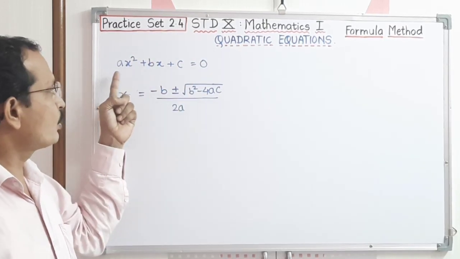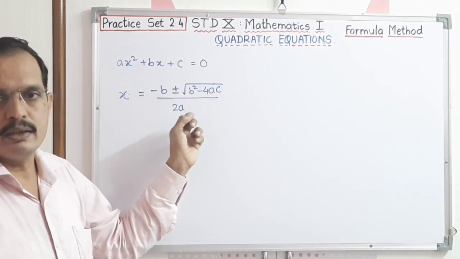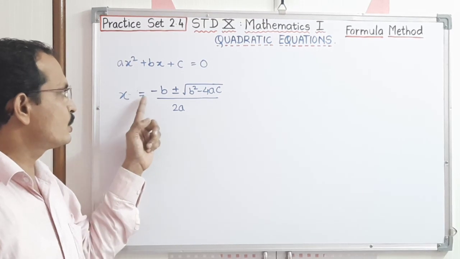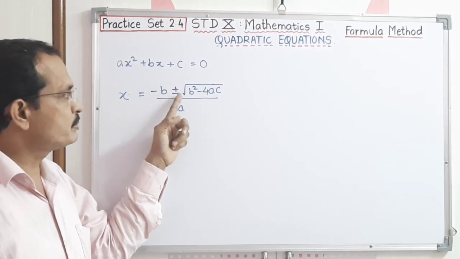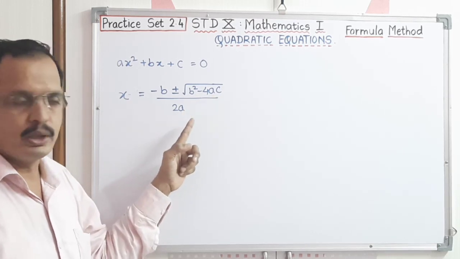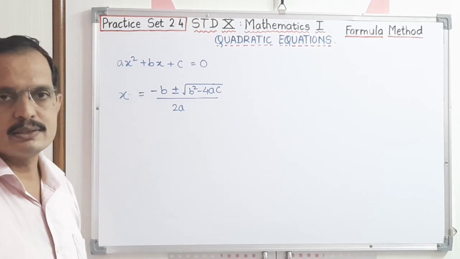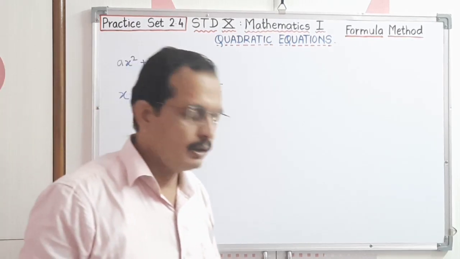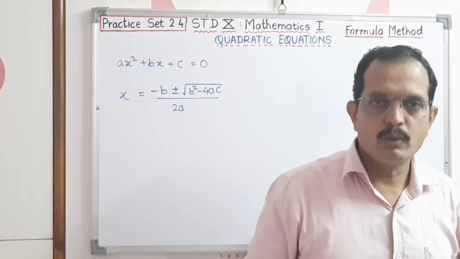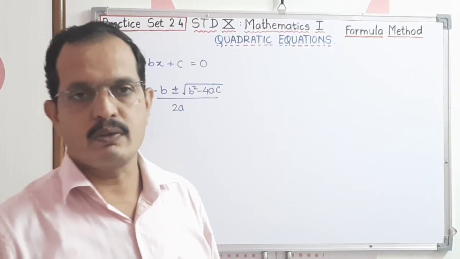If the standard form is ax square plus bx plus c equal to 0, then the roots are x is equal to minus b plus minus under root b square minus 4ac upon 2a. The value of b square minus 4ac is called the discriminant, and depending upon that value, we can find out the nature of the roots.